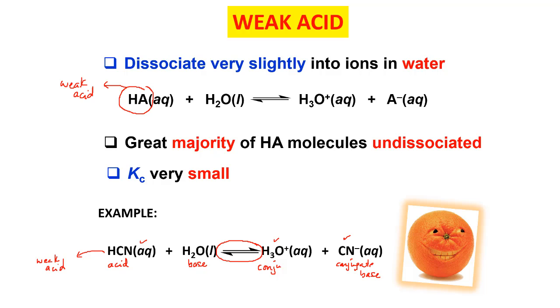So, when water accept proton, the species form is hydronium ion. So, hydronium ion ini adalah conjugate acid for water. Jadi, setiap acid ada pasangan conjugate-nya. Okay. Jadi, samalah dalam kes ini. So, kita dah terus apply apa kita belajar tadi.